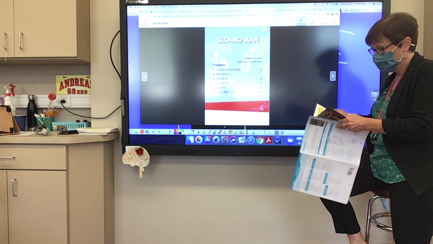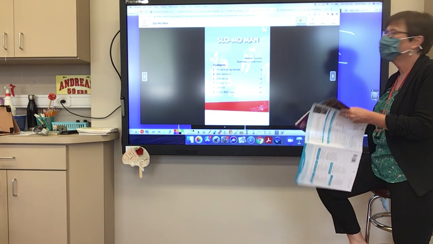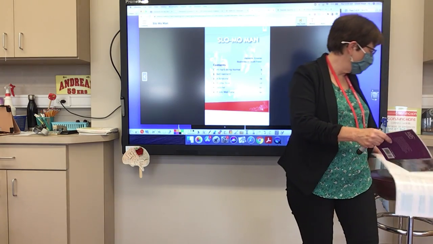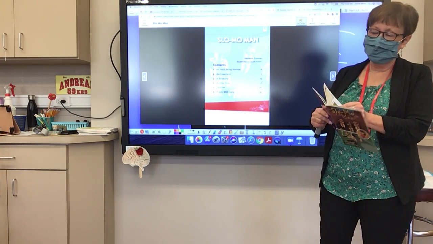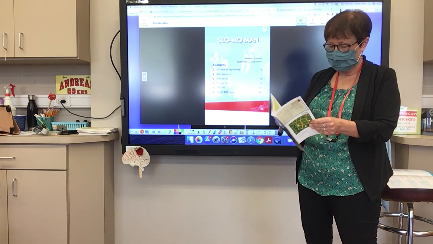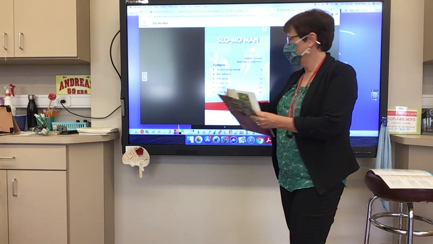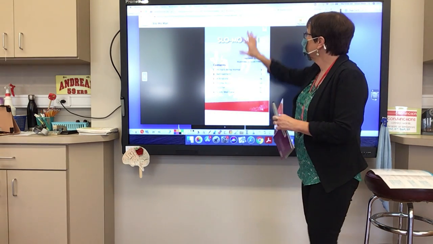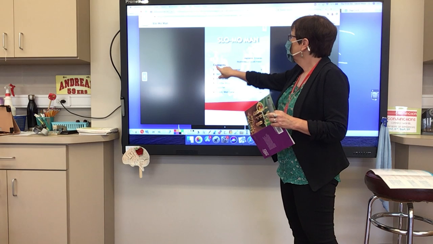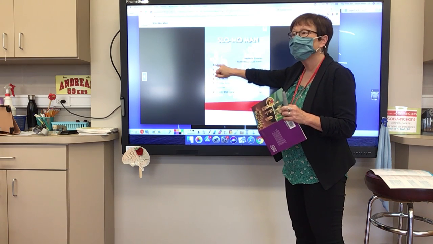Okay, now, oddly enough, that's not in the actual book. Because I have the actual book here, and they don't have that in the book. It's just in the online version. But as we're looking at it here, look how they have the word contents. Do you see how it's bigger and bolder?